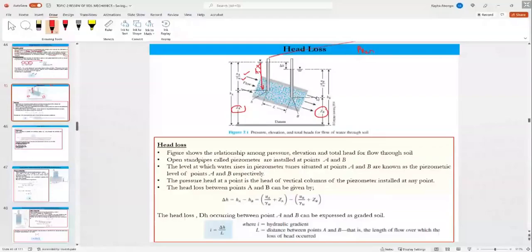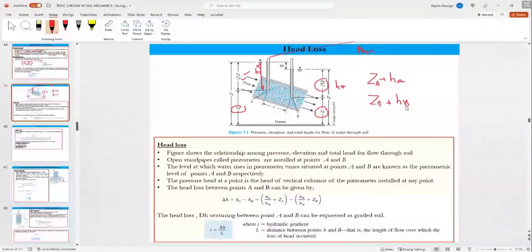This other piezometer will read the water level here, H2. So the total head at point A will be ZA plus HA, and the total head at point B will be ZB plus HB.